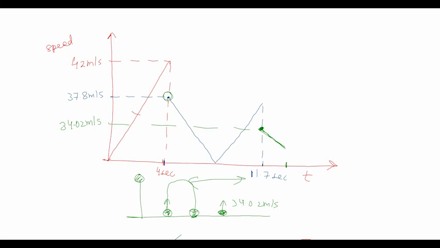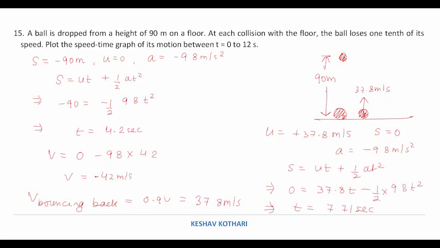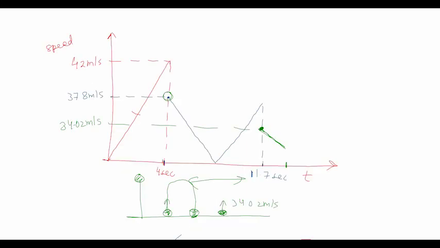So since the question is asking us to restrict ourselves to 12 seconds, we are restricting ourselves to 12 seconds, and this is how the nature of the graph is going to look like. So with this, we have completed the discussion of questions for the motion in one dimension, and we have also discussed the graphical aspect for the motion in one dimension part of kinematics.